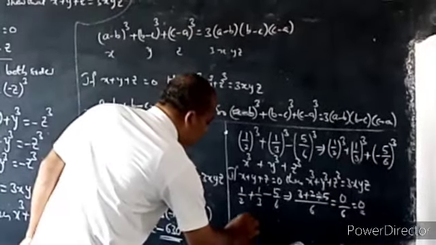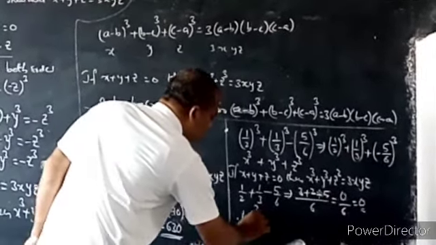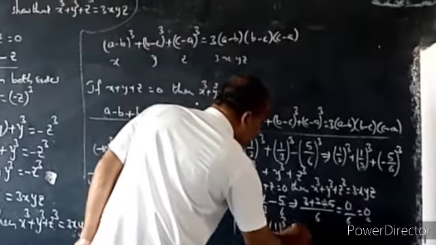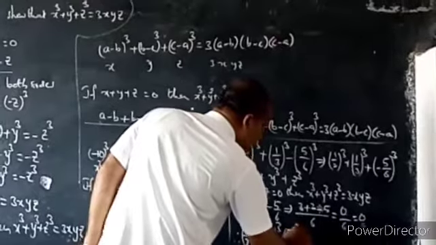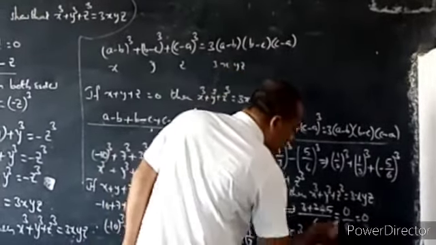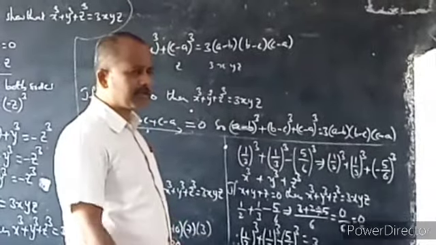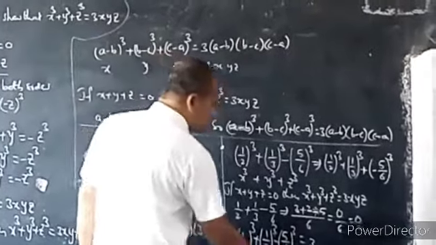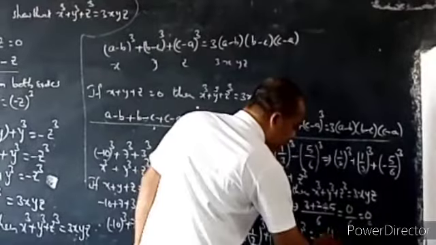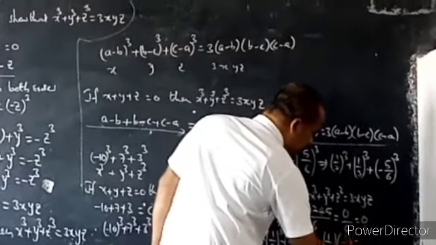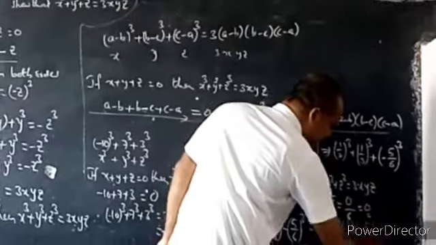Therefore 1 by 2 whole cube plus 1 by 3 whole cube minus 5 by 6 whole cube is equal to 3xyz, since the sum is 0. 3 into 1 by 2 into 1 by 3 into minus 5 by 6.